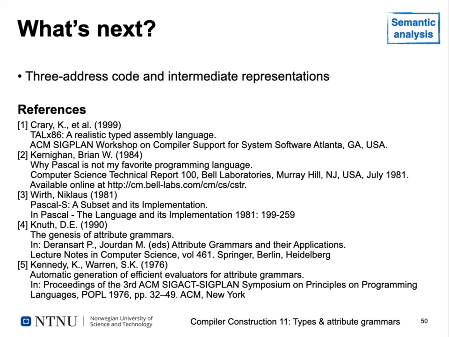The attribute grammar problem was described by Don Knuth already 30 years ago, and there are a number of papers on automatic generation of efficient evaluators for attribute grammars, which is more on the theoretical side, and this is one example for this. You see, people already thought about problems like this almost 45 years ago. So we're still talking about things people have known for a long time, but nevertheless, these are the basics.